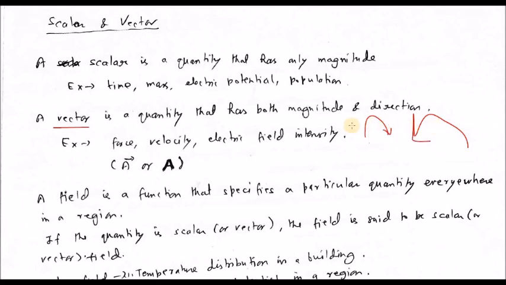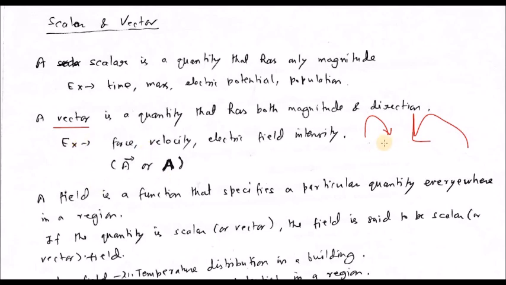So you can say current has direction also, so current should be a vector quantity, but current is a scalar quantity because current doesn't follow vector sum or parallelogram law of addition, and it is evident from Kirchhoff's current law statement that says algebraic sum of current entering or leaving a node or a closed path is 0. So KCL says algebraic sum of current, and it is not talking about vector sum.